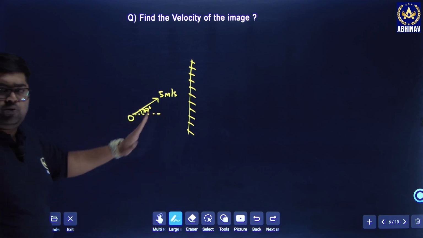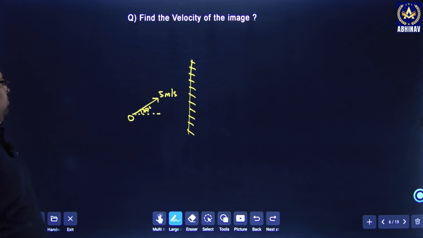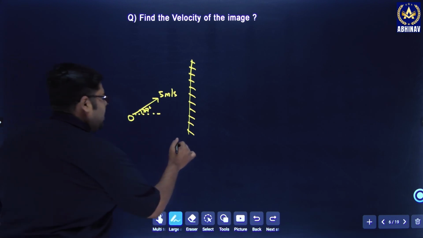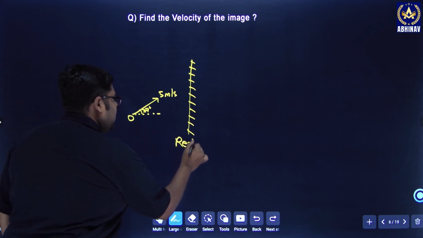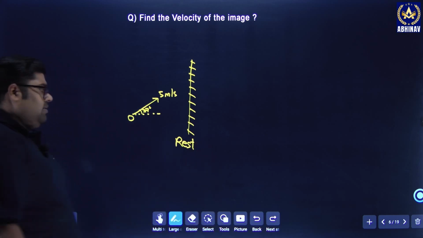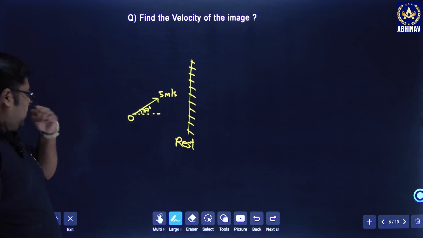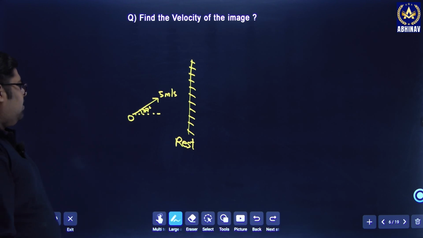I hope that's visible to you, right? We need to find the velocity of the image in this case, and it's mentioned that the mirror is at rest. So that makes our task a lot easier.